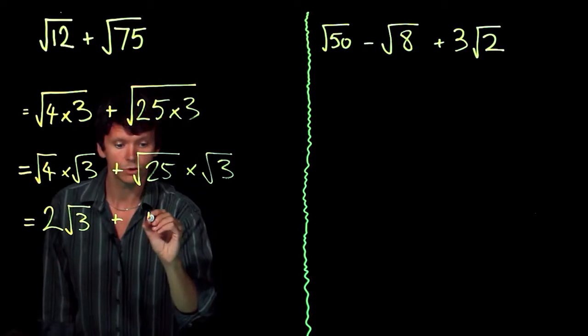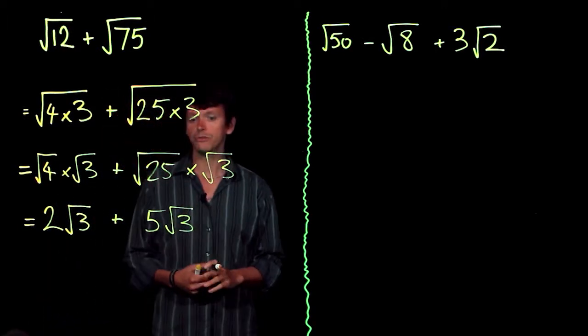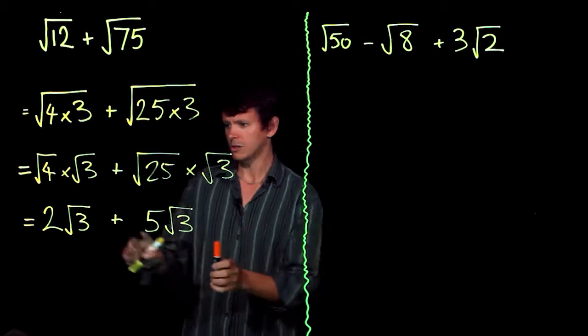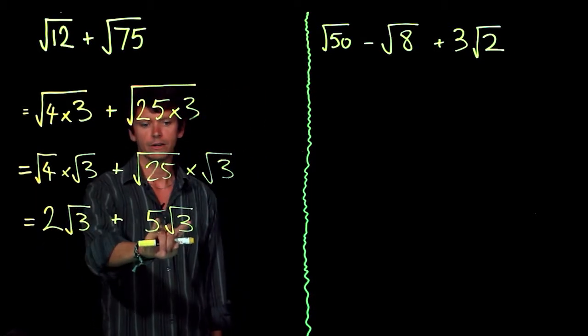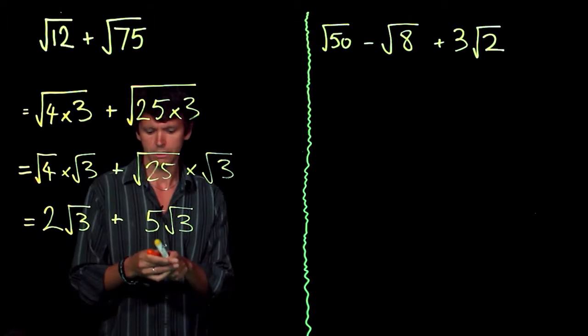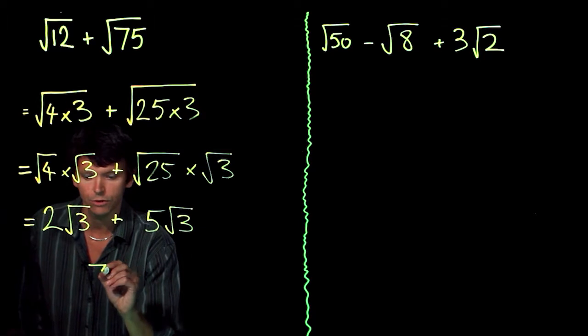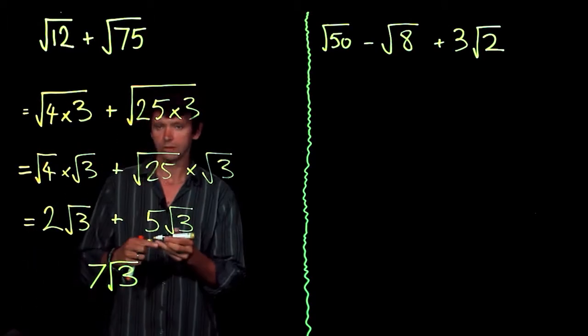Square root of 25, of course, is 5. So 5 root 3. 2 root 3 plus 5 root 3. We're not quite done because if we've got 2 lots of root 3 and we add 5 lots of root 3, well, we actually end up with 7 lots of root 3. So our final answer is 7 root 3.